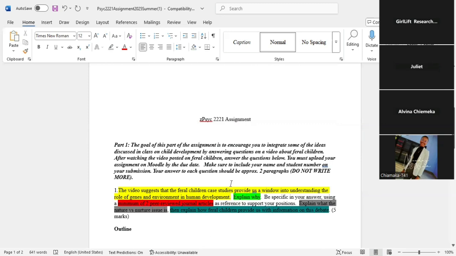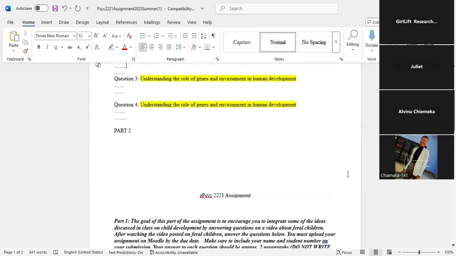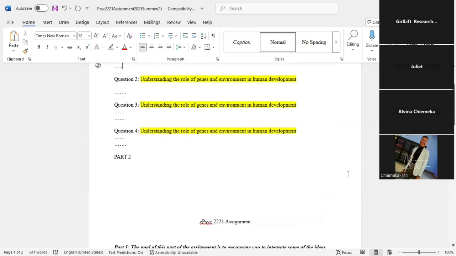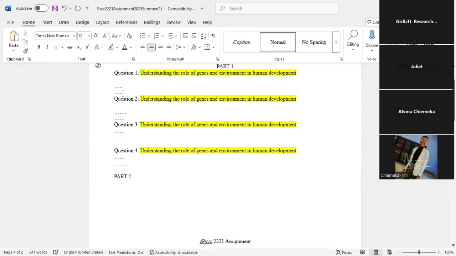So as of now, these things we highlighted are what we are supposed to have under each of these questions for our skeleton. So you just pick this 1, 2, 3, 4. So when you're answering, you just answer in line with that. I don't know if it's making sense.